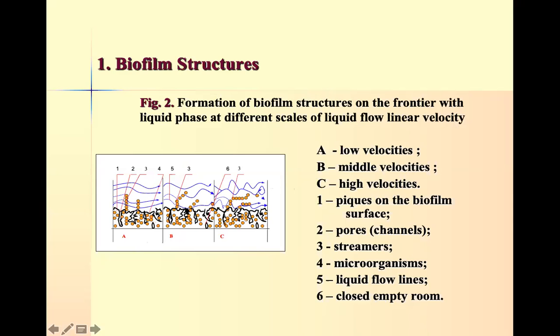Velocity in different parts is different, and in some states the biofilm becomes stable. In the biofilm, liquid always circulates, so that nutrients can also circulate.